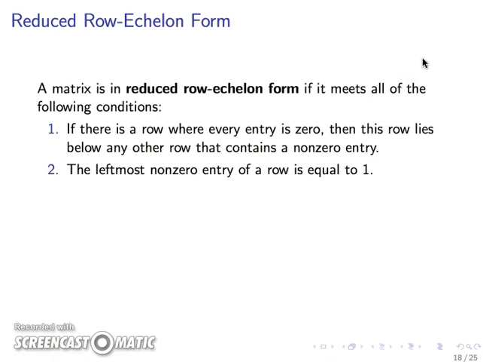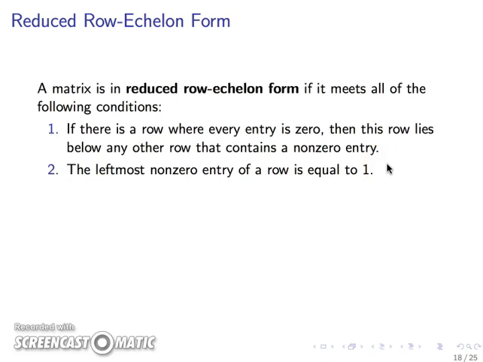The leftmost non-zero entry of a row is equal to 1. So the first non-zero entry on a given row is going to be a 1, located in the leftmost part of the row, and those ones are going to have a special name.